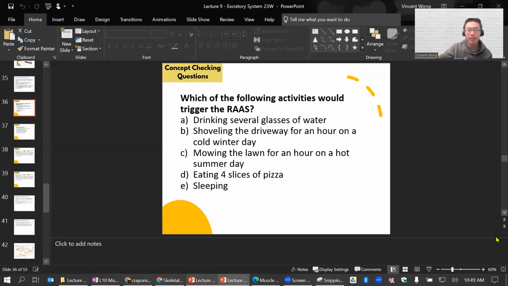So these examples here, A, B, C, D, E, are different scenarios that might or might not cause dehydration. So which one caused you to dehydrate more? What activity caused you to sweat more, basically, right? Yeah. I see, yeah. Okay, good. Thank you.